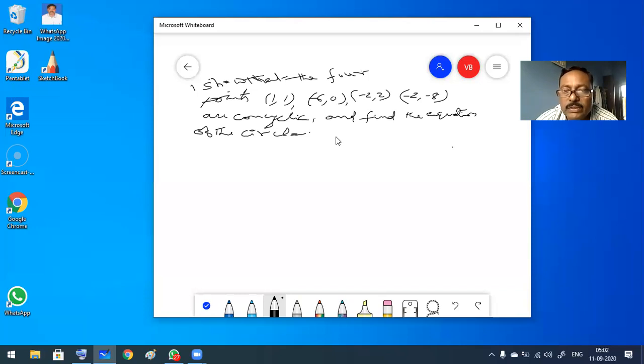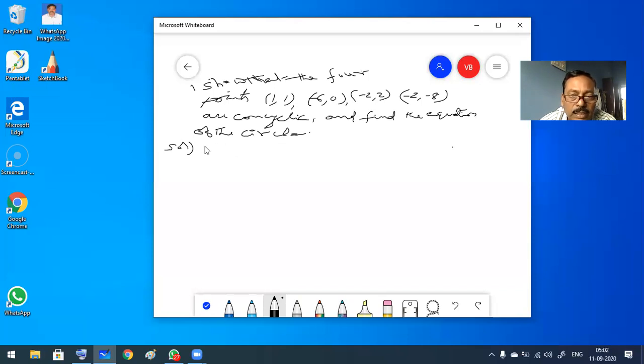For that purpose, first we find the equation of the circle which passes through the above 3 points. First, you have to find the equation of the circle. For that, what is the general equation of the circle?